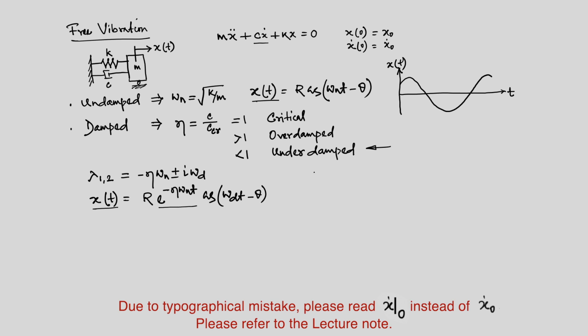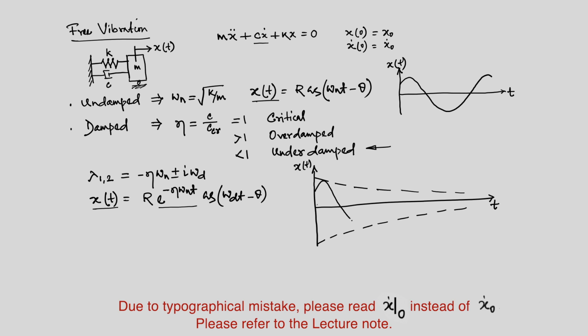Now, if I quickly draw the solution in this case, as t progresses we have an exponentially decaying envelope, and within that we have the solution of the system, and it continues.